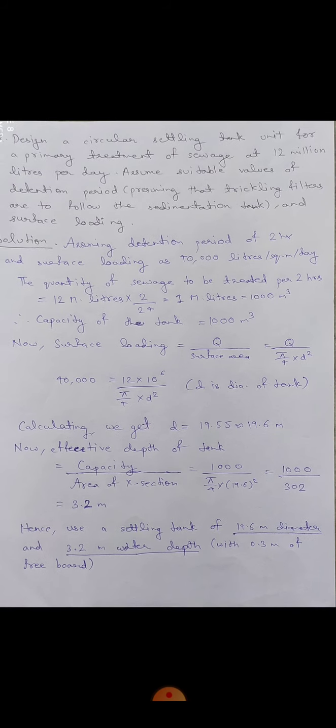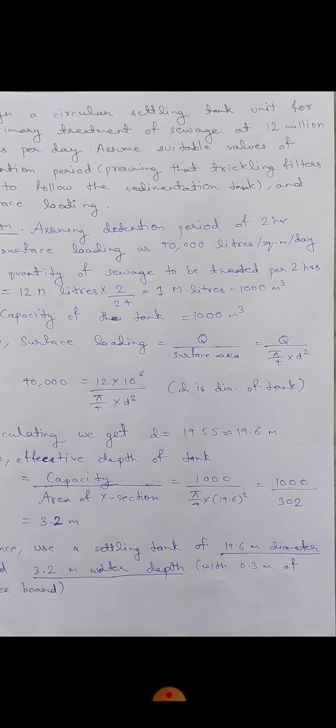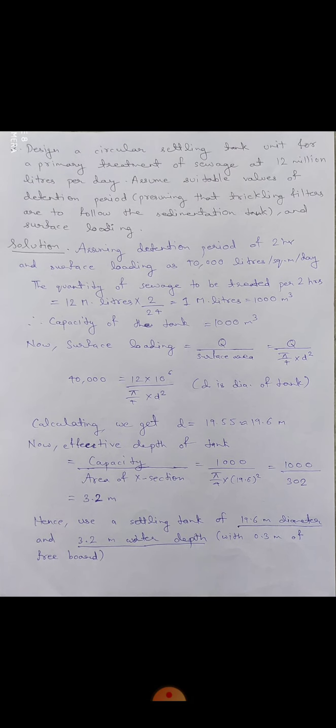Now we have to calculate the diameter of the tank. For this you have to use the formula: surface loading is equal to Q upon surface area, that is Q upon pi by 4 into small d square, where small d is the diameter of the tank. Surface loading we have assumed as 40,000 liters per square meter per day.